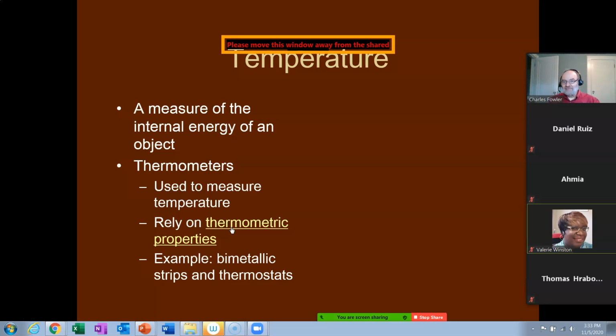What they're measuring then is not really temperature. What is happening there, if you put that thermometer into a beaker of ice water, you'll see the level decrease. What are you measuring?